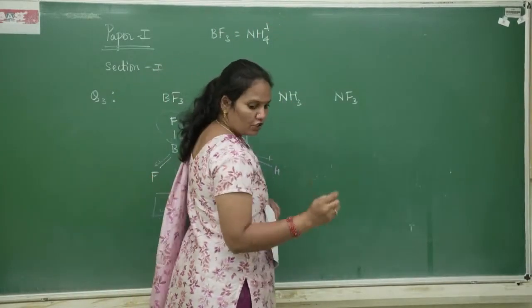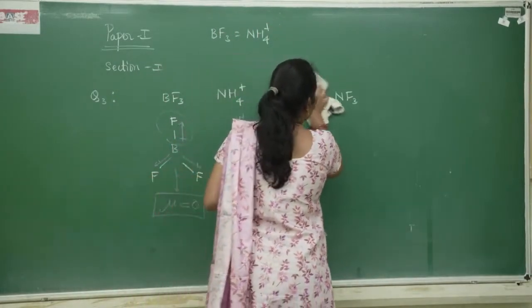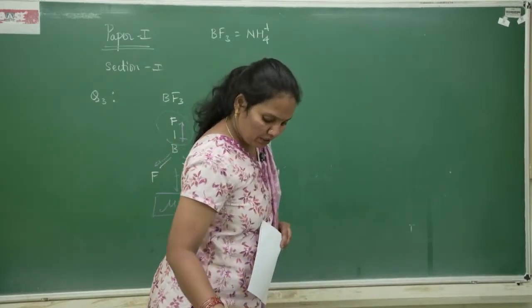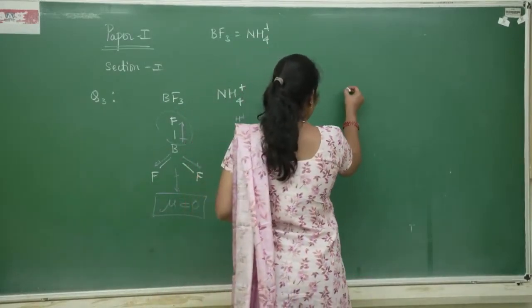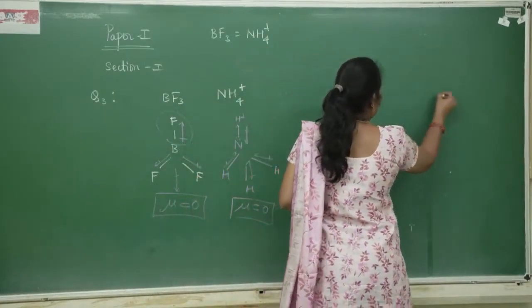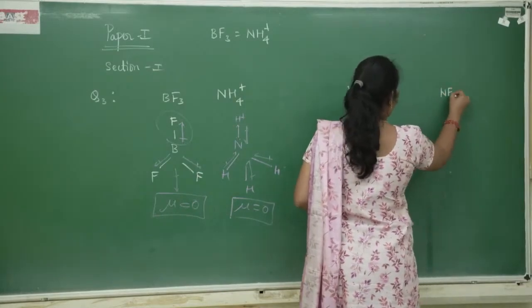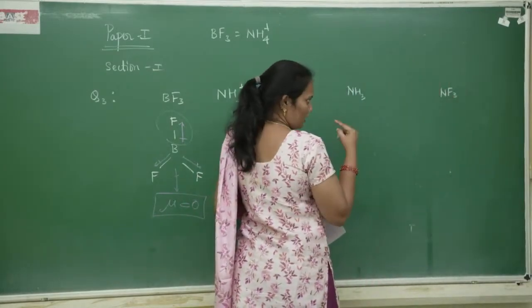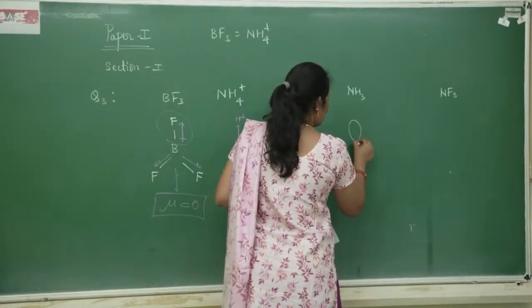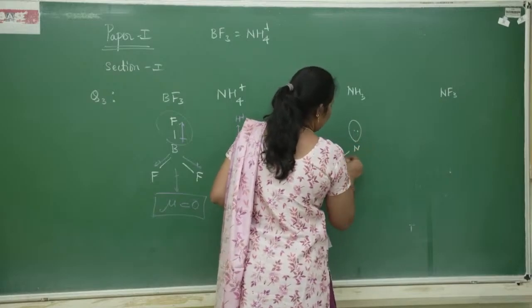So we have NH3 and NF3. Even in NCERT this question is there in the bracket. NH3 and NF3, both of them have got similar geometry. When I consider NF3, NF3 has a pyramidal shape.